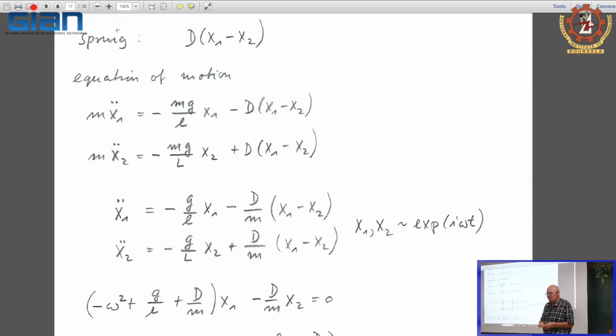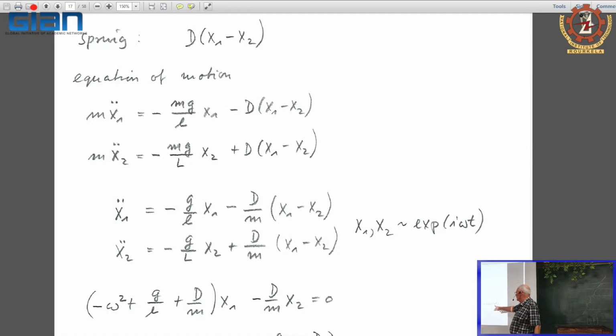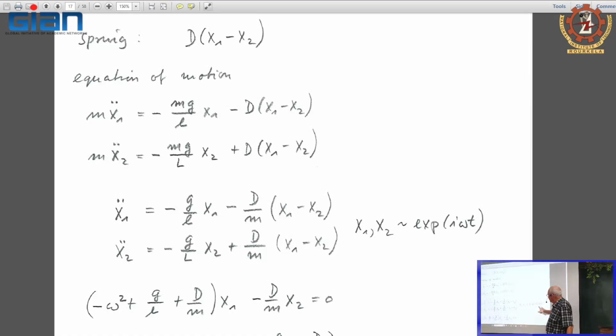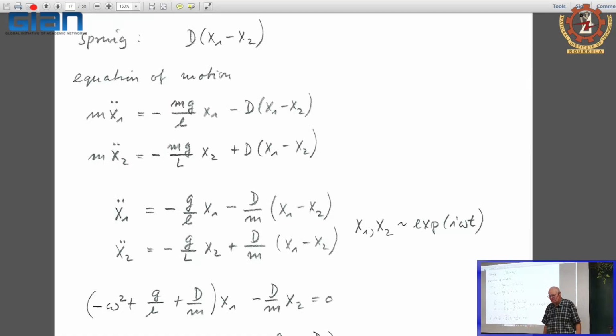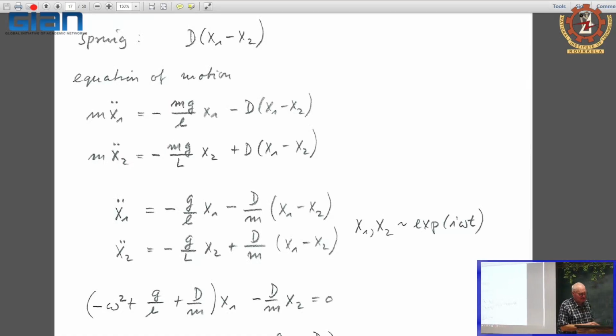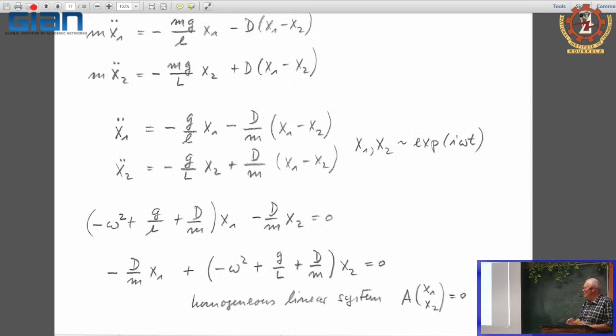Now, this is a linear equation with constant coefficients. Linear equations with constant coefficients have as a solution an exponential of time. The time derivative will give a minus omega squared instead of the second time derivative. And we are then left with two equations for the displacements x1 and x2 for the two pendula.